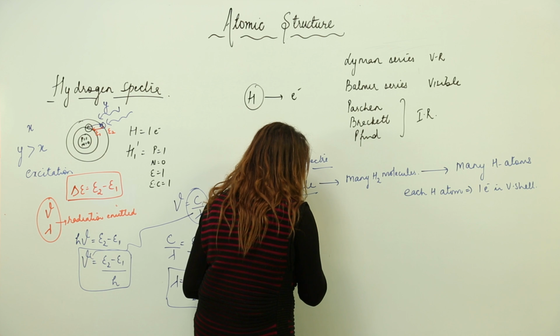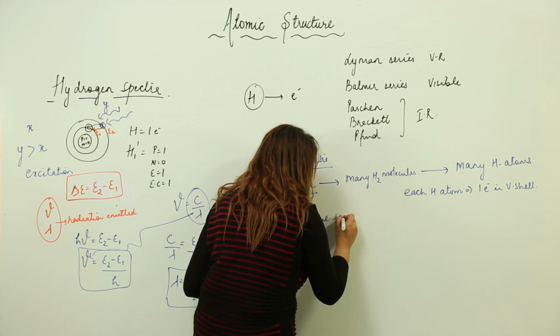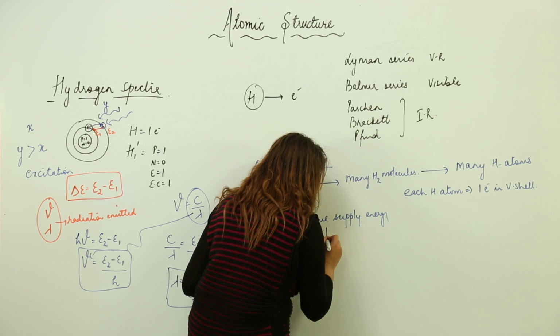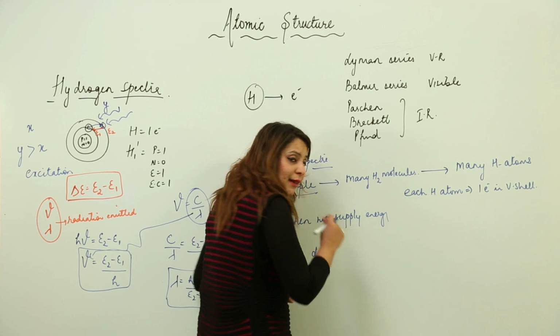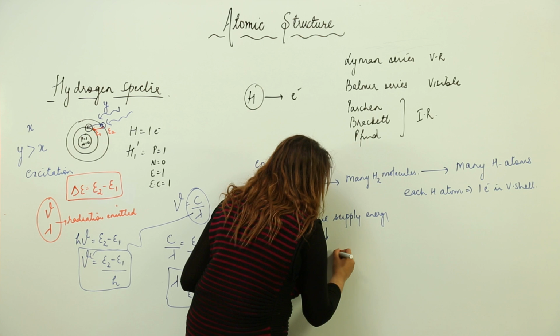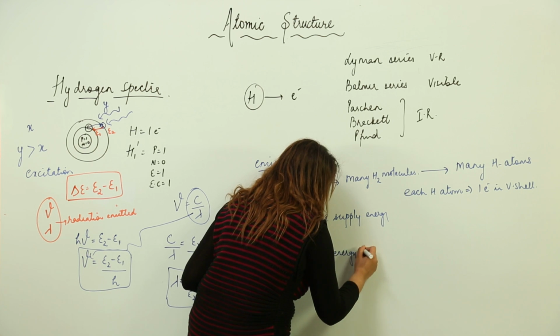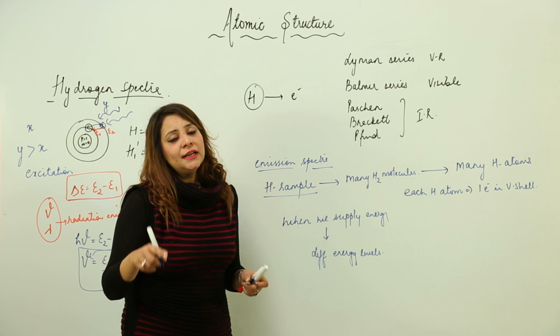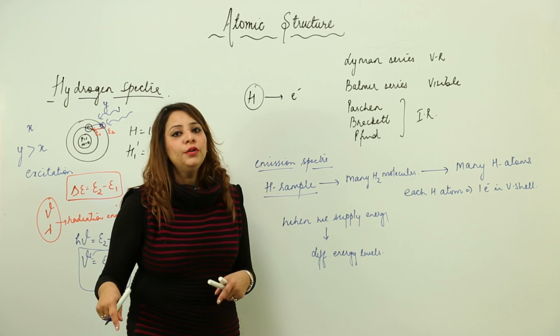So when we supply energy, all the electrons which are present in atoms get excited to different energy levels, and we know that ultimately they need to come back to their original shell.